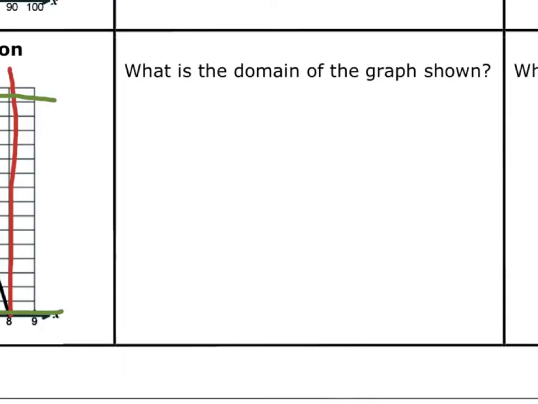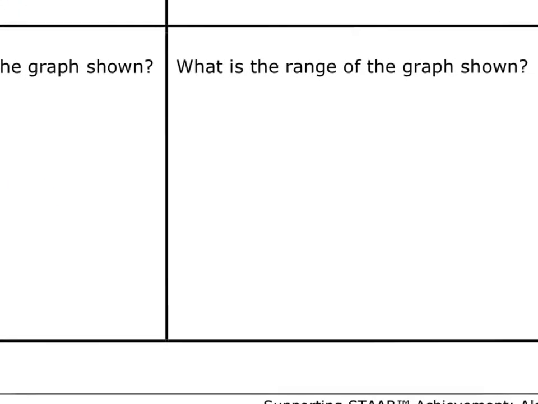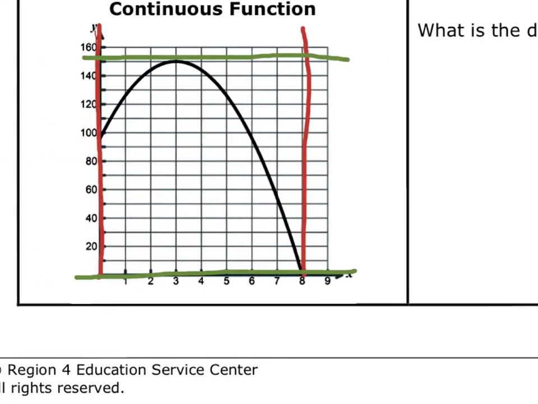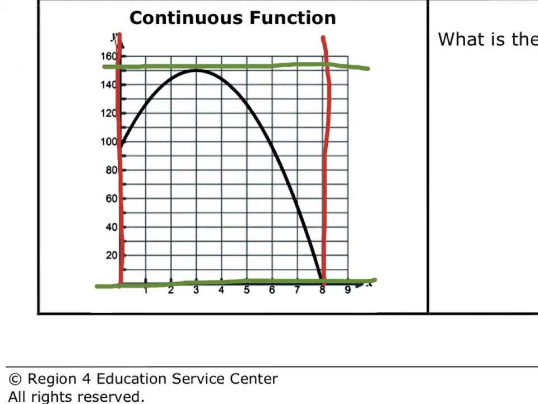Finding domain and range of continuous graphs is a little bit more difficult, but it has the same concepts. We still know that domain is always x, and we still know that range is going to be y. So from there, we need to go back and look at the graph. What I want you to do is look at how far left it goes. So what's the smallest x value that it can be? In order to figure that out, follow the red line down.